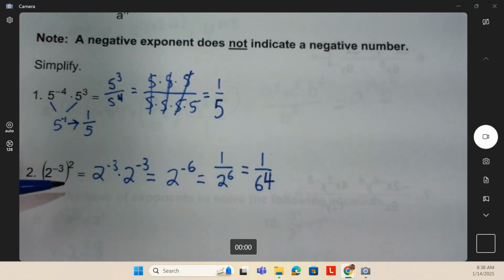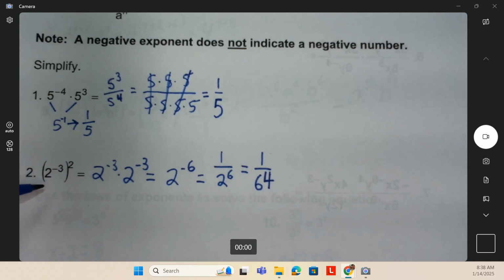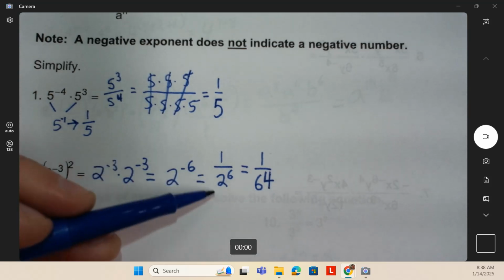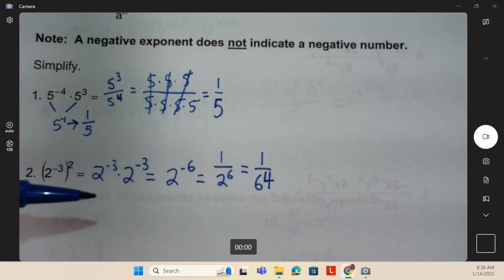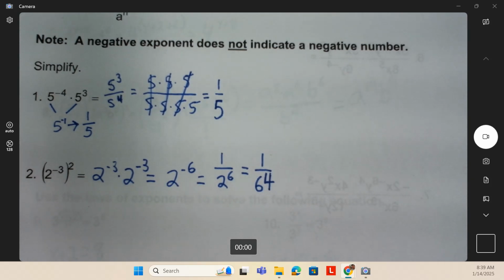So just remember, none of the numbers there were actually negative, just the exponents, which gives me a reciprocal, so puts it underneath that fraction bar into the denominator.